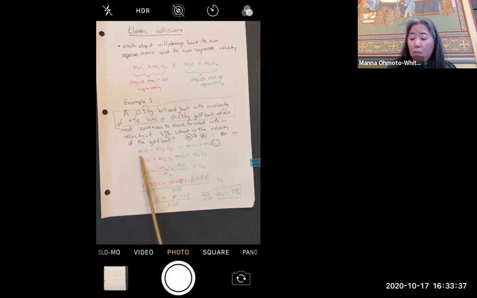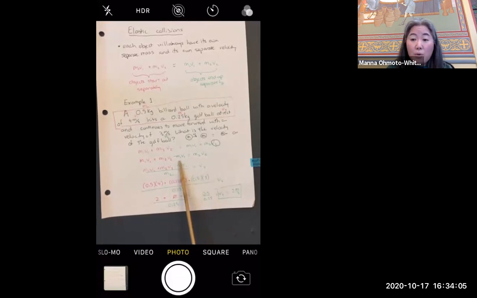So I set it up, m1 v1 plus m2 v2 before is equal to m1 v1 plus m2 v2 after the collision. And I'm looking for the velocity of the second ball, so I solve for v2. First I subtract m1 v1 from both sides, and I get m1 v1 plus m2 v2 before the collision minus m1 v1 after the collision is equal to m2 v2.